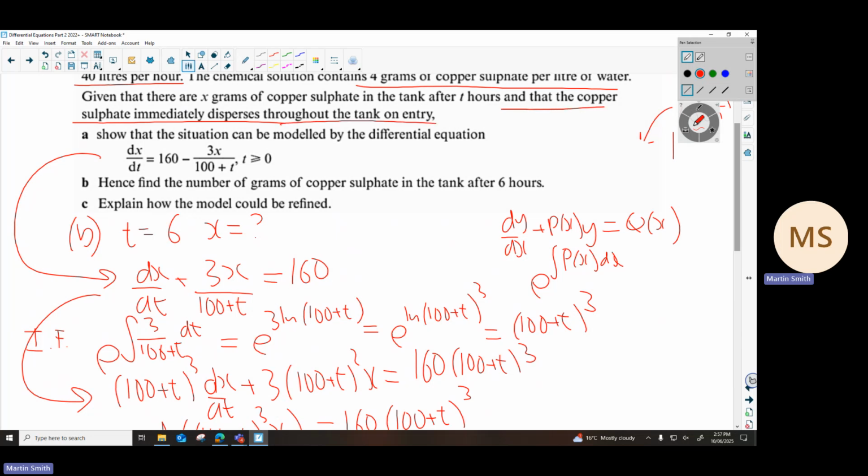And that leads to the fact that the concentration of copper sulfate in the entire tank is the same as the concentration in the liquid which is flowing out. That's unlikely to be true. There's likely to be more copper sulfate at the bit of the tank where the liquid is coming in. So if I wanted to refine the model, I would change that assumption.